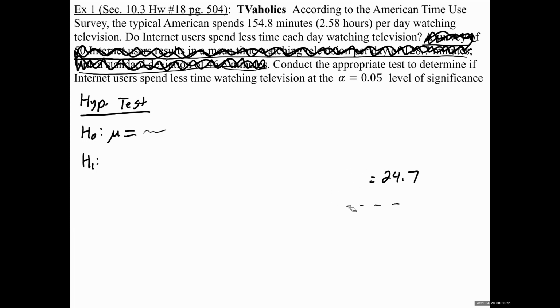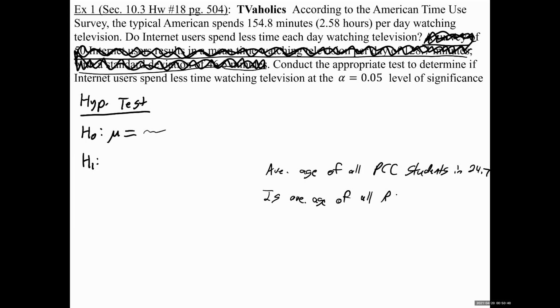So instead, what can happen is the problem can say the average age of all PCC students is 24.7. And is the average age of all Rio Hondo students less than this?